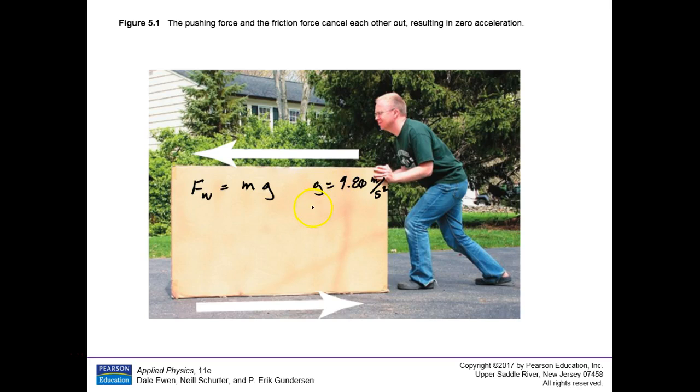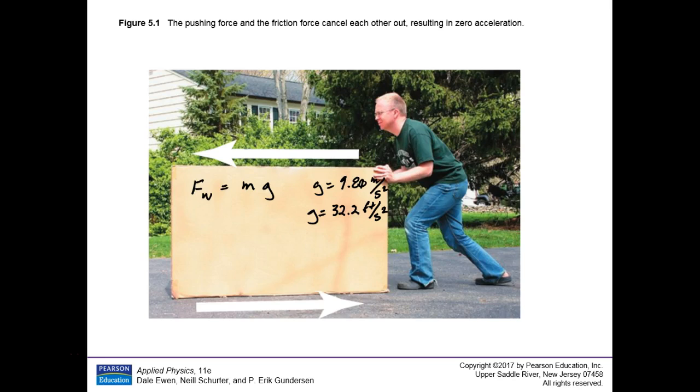Okay? If you're in U.S. customary units, g is equal to 32.2 feet per second squared. You know those are accelerations because of those units. Distance per time per time. Those are accelerations. 9.80 meters per second squared, 32.2 feet per second squared.